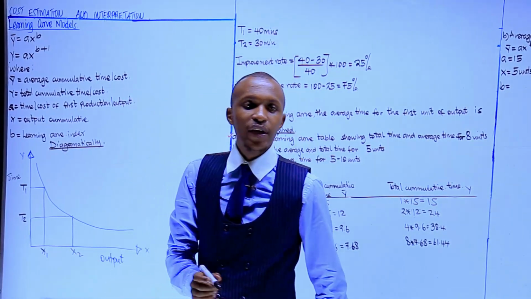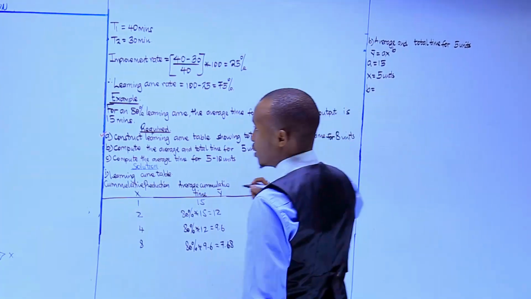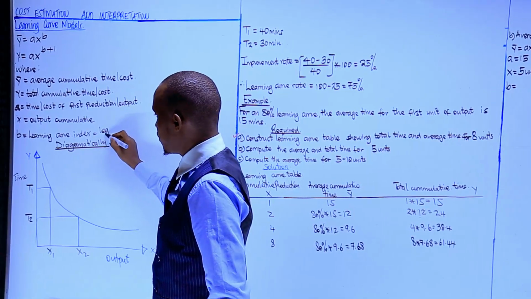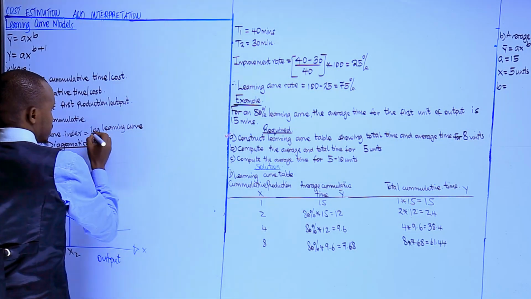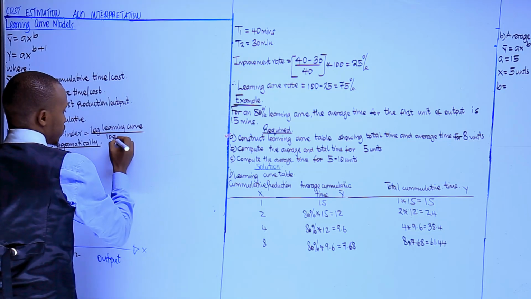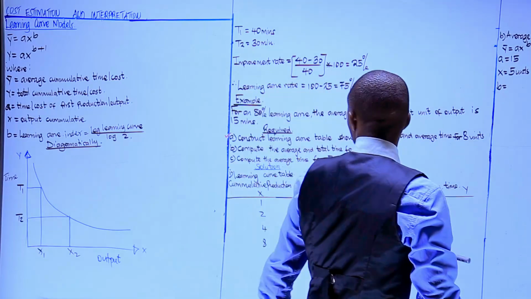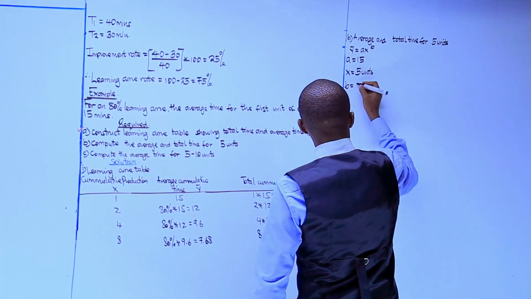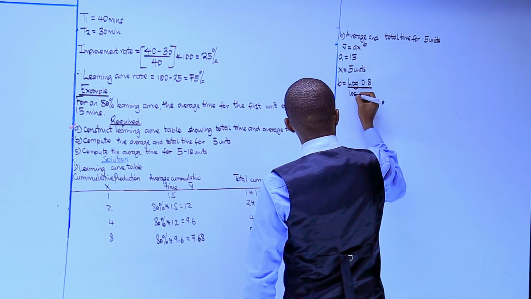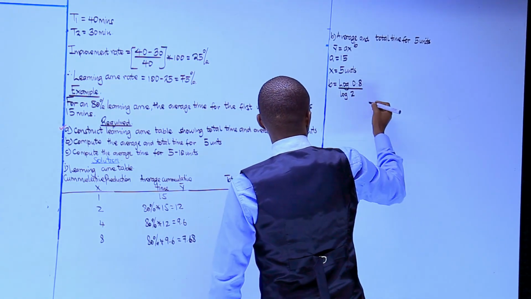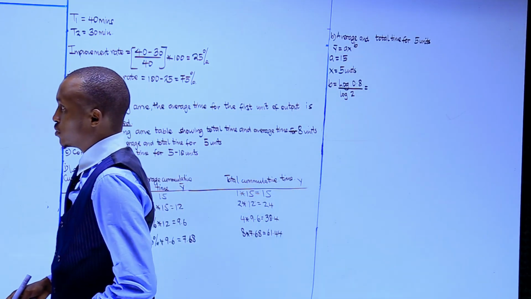Your learning curve index is normally calculated by taking log of the learning curve, log 0.8, divided by log 2.